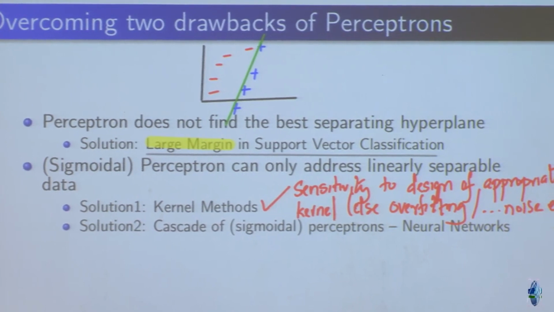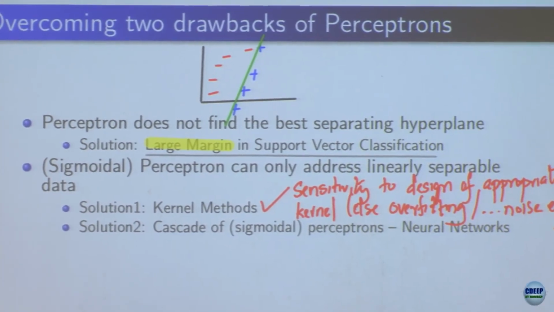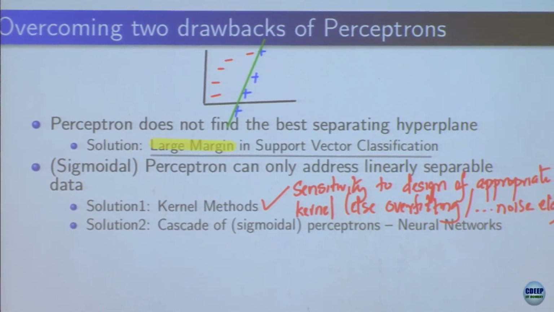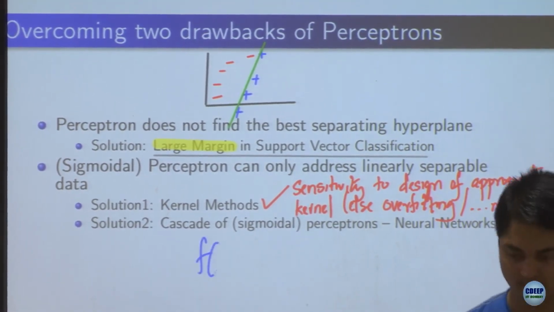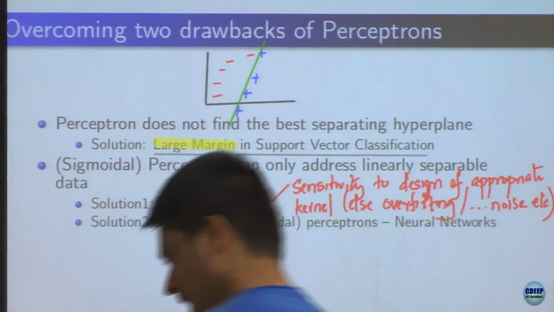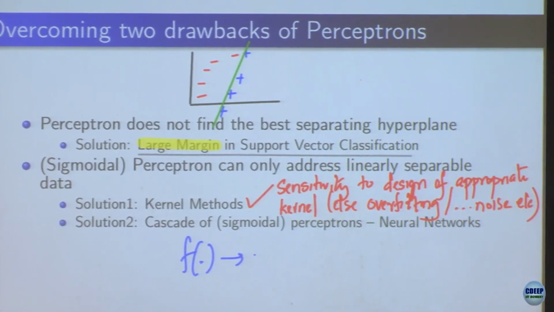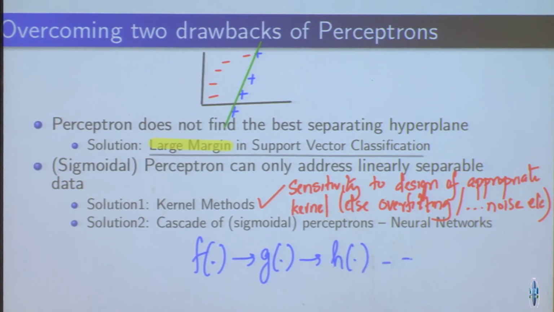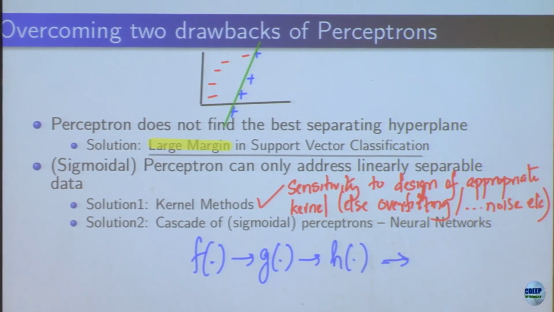So that will take us to the cascade of sigmoidal perceptrons. Again, something we touched upon earlier, where you take F and then G and then H, basically a cascade of these, and make them non-linear using activation functions.